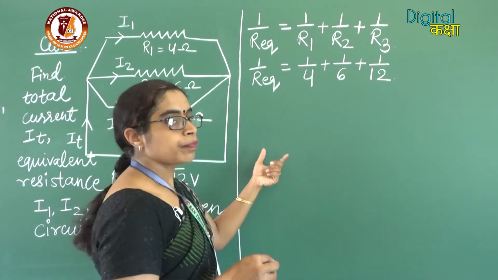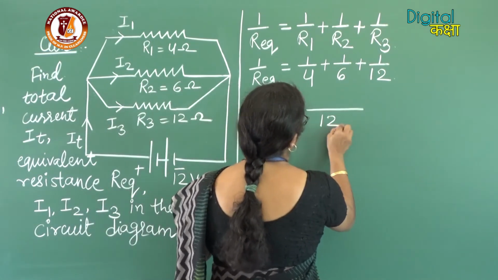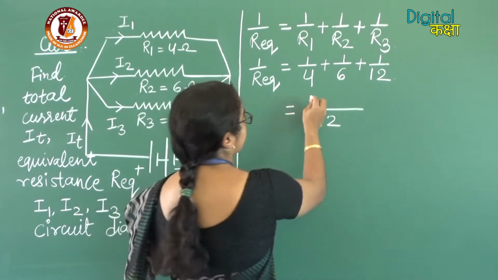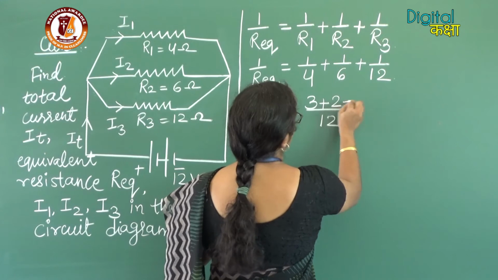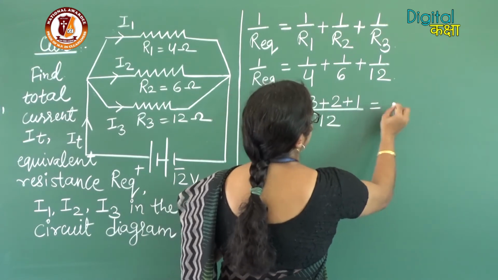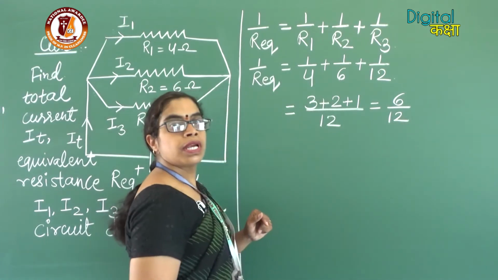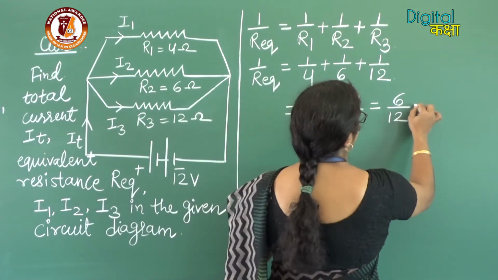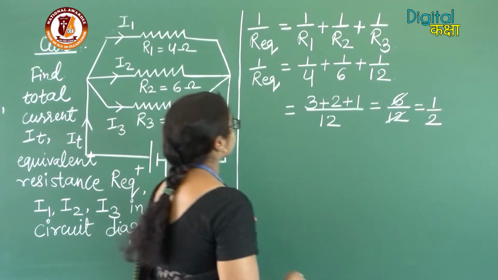In the next step, we will be taking the LCM, which will be 12, and on solving it, the numerator will be obtained as 3 plus 2 plus 1, which is equal to 6 upon 12. In the simplified form, it can be written as 1 upon 2.